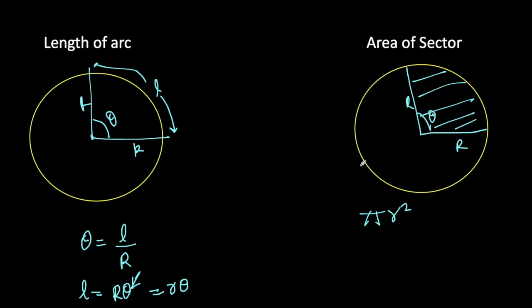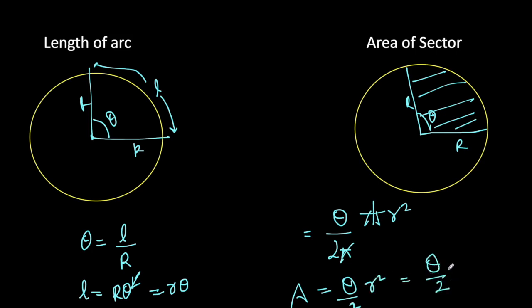You have taken angle theta, and the total angle is 2 pi. So the area of a sector is theta over 2 pi times pi r squared, and pi cancels out, so the area of a sector is theta over 2 r squared. So this is the area formula for the sector.